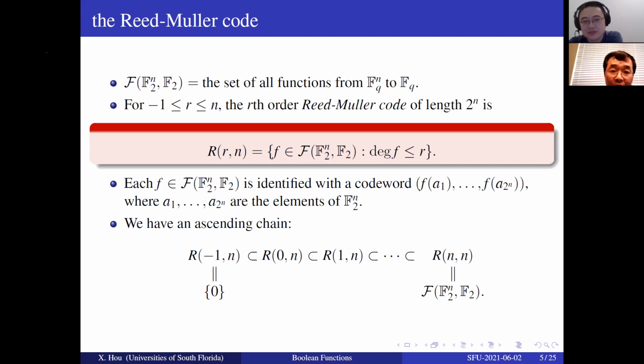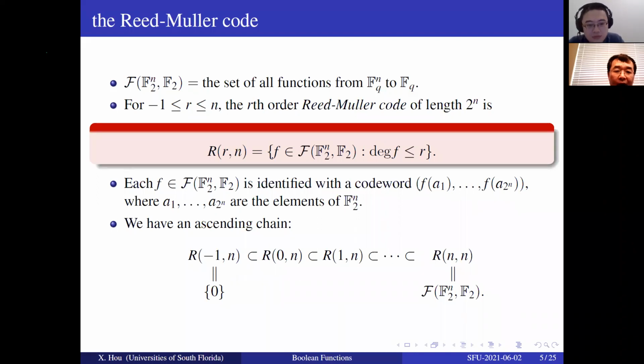We collect all such functions, and it's of course a subspace of the space of all functions from F2 to the n to F2. And this subspace is called the rth order Reed-Muller code, and the length is 2 to the power n. And why is it called a code? Because each function from F2 to the n to F2 can be treated as a codeword of length 2 to the power n. Here, you simply enumerate all the elements of F2 to the n, and you exhibit all the values. And this is also called the truth table of the function.